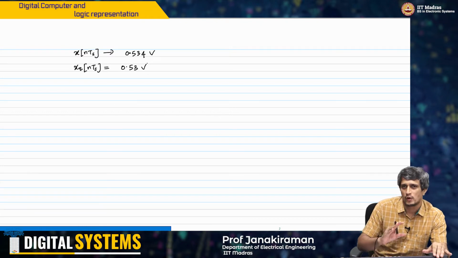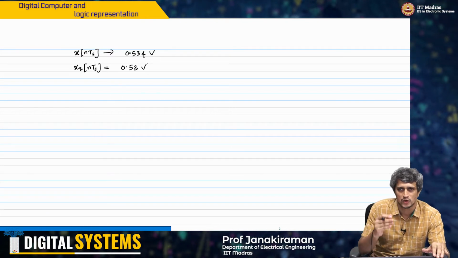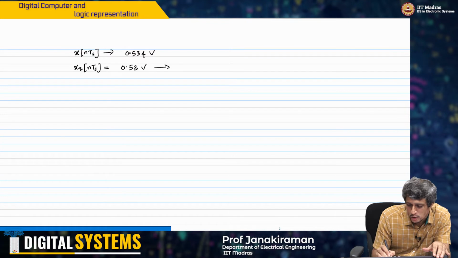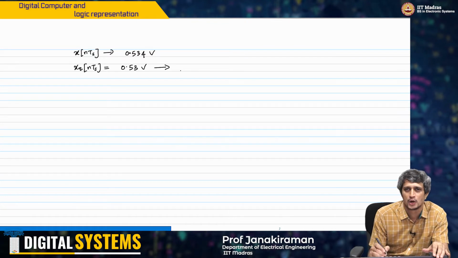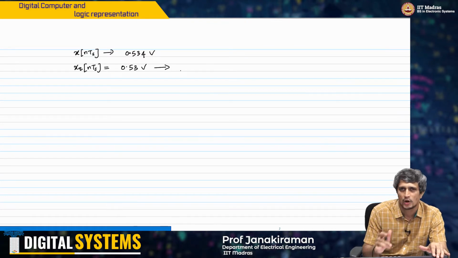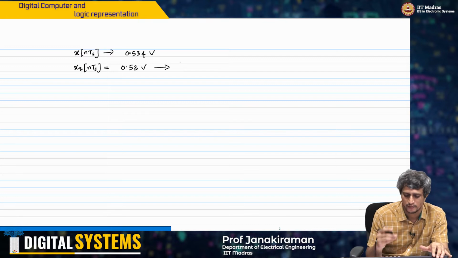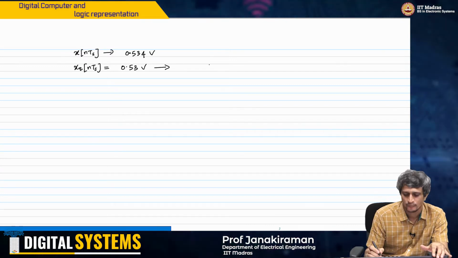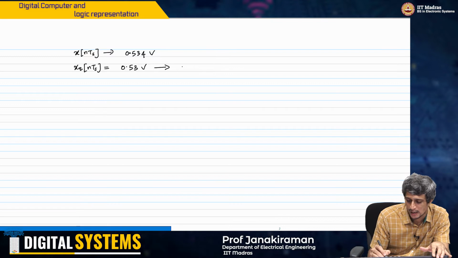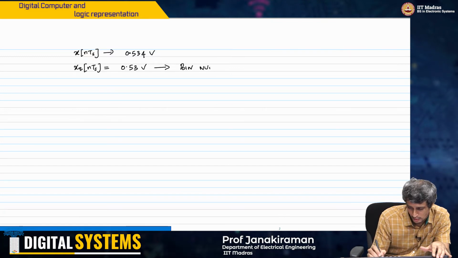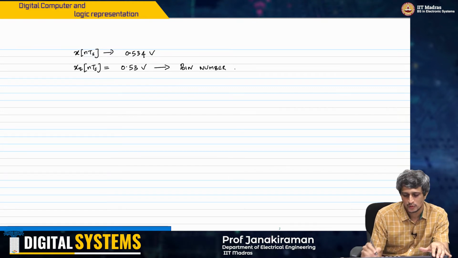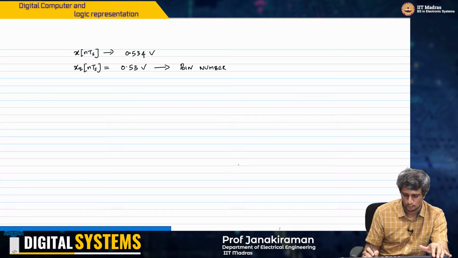The 4 is gone, you have lost that information. You quantize it to a certain bin and then you could assign a number to this bin. Please go back and watch that lecture if you need more clarity. You assign the bin number to the quantized value.